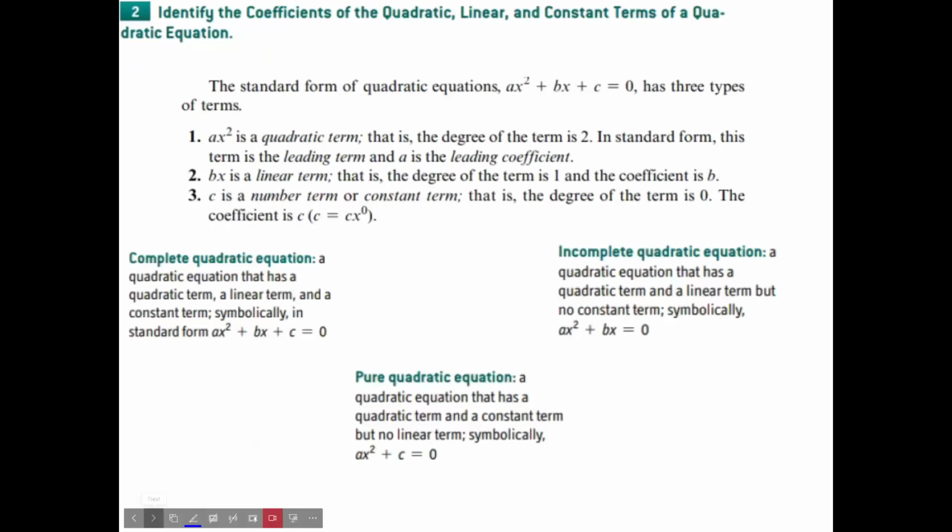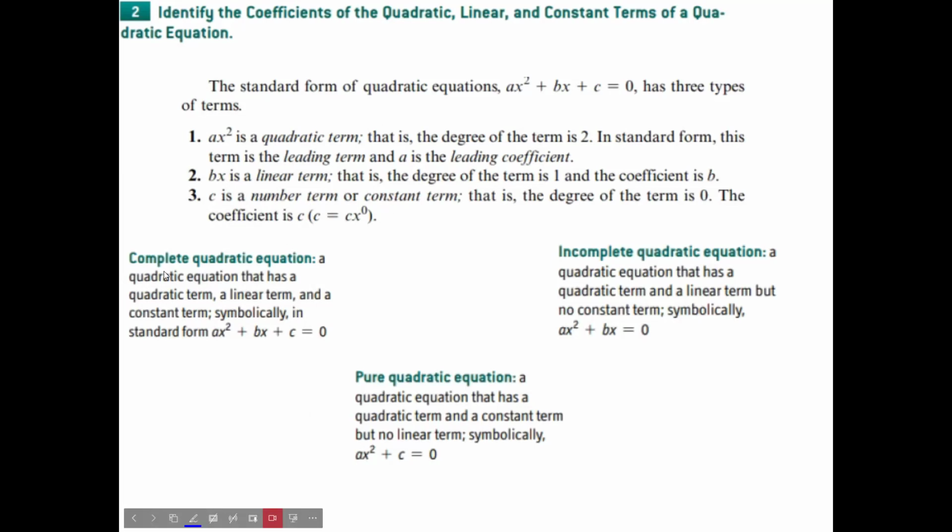So I identify the coefficients of the quadratic, linear, and constant terms of a quadratic equation. So the standard form of a quadratic equation, this one, has 3 types of terms. There's the quadratic term, linear term, and number term or constant, right?